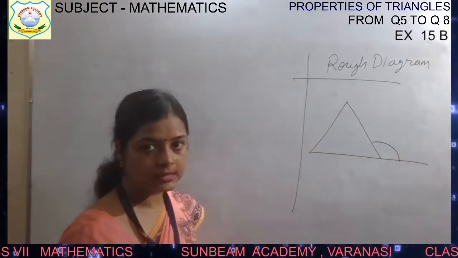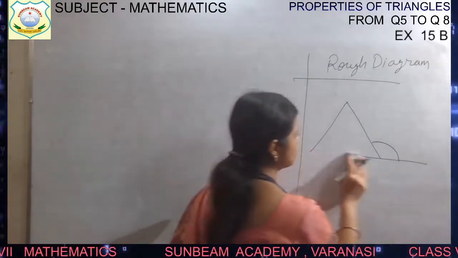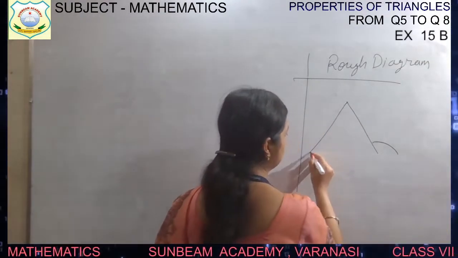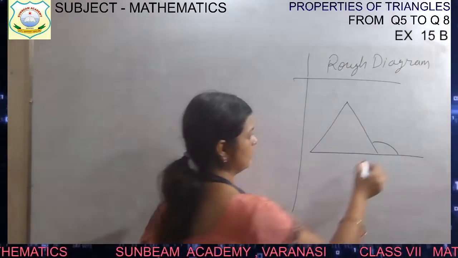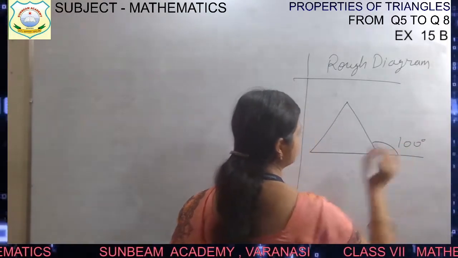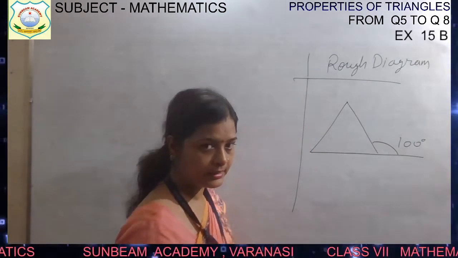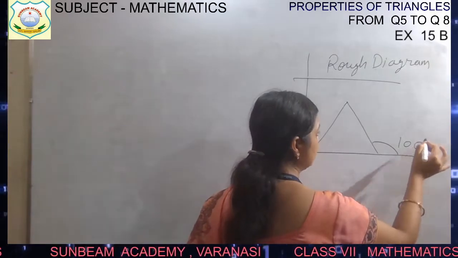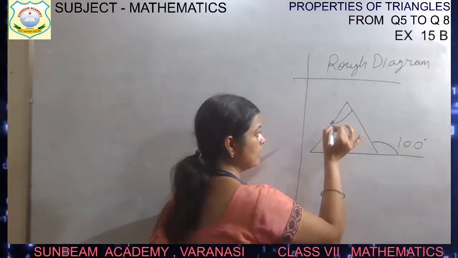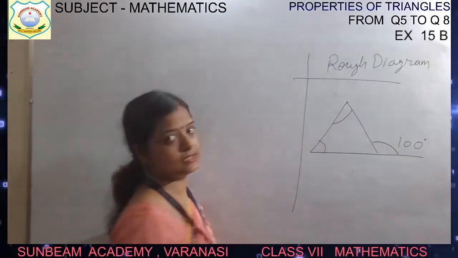We have learned this in the previous class. The exterior angle of the triangle is equal to 100 degree, and the interior opposite angles.